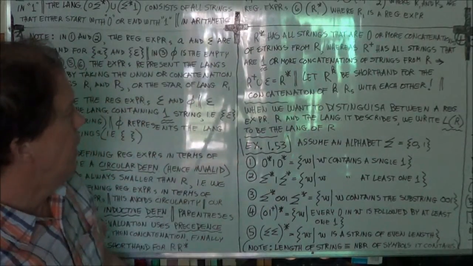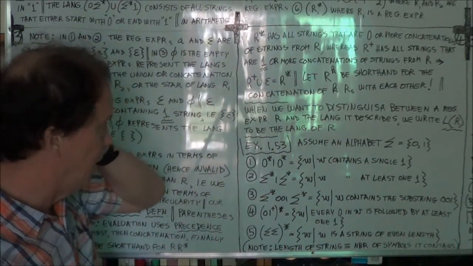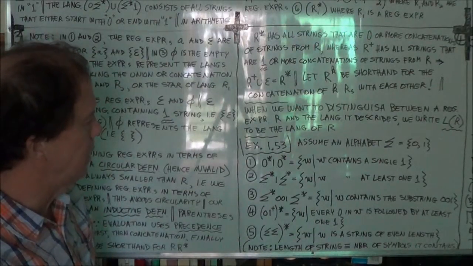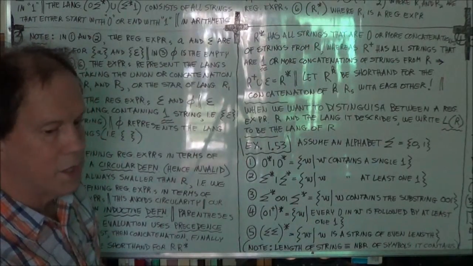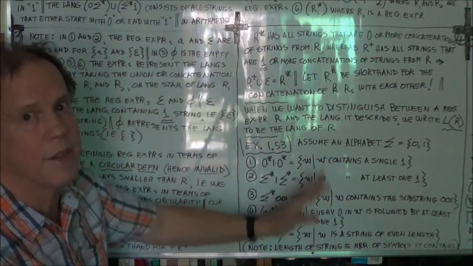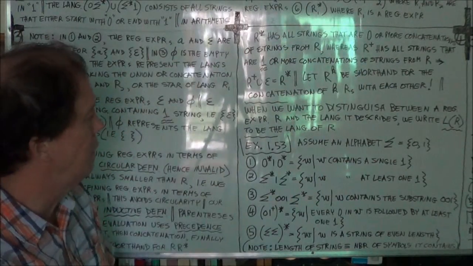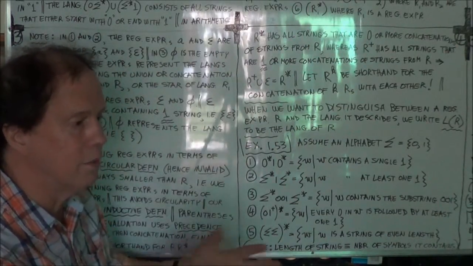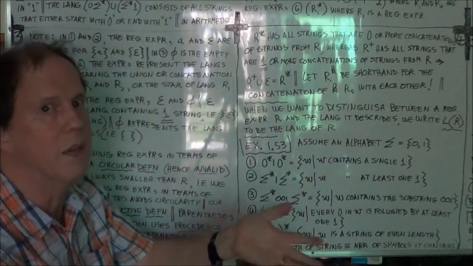All right, so now we'll do some examples of manipulating and writing regular expressions. This gives us some practice on how to write out and interpret them, asking yourself, what does that expression mean?